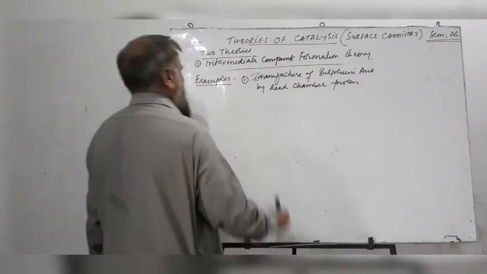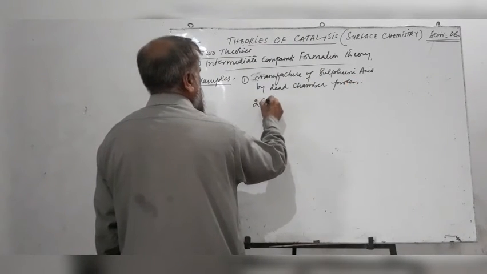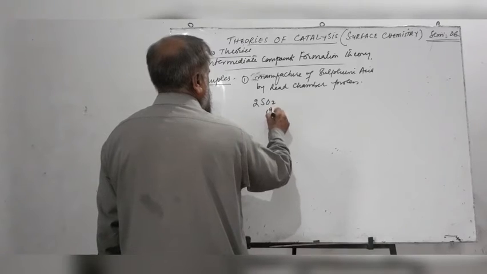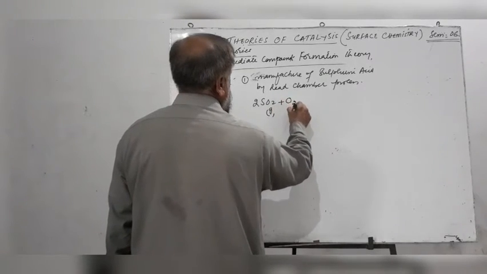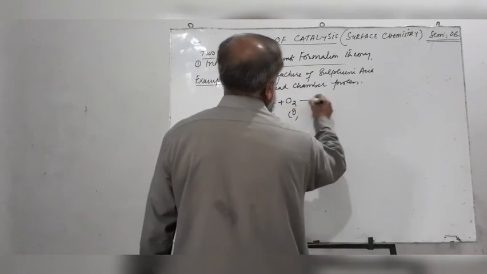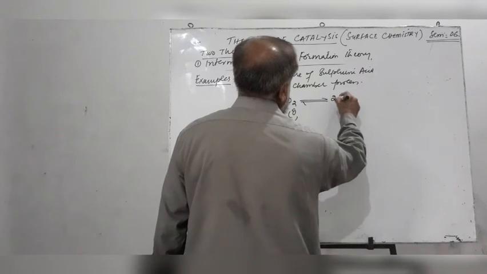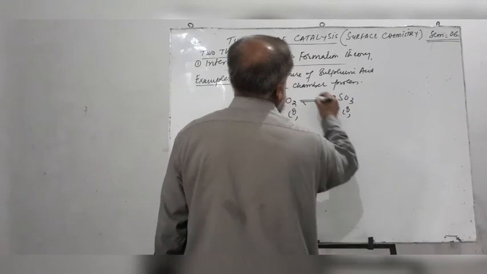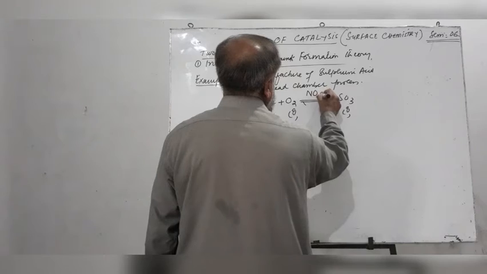The main reaction in this process is the reversible oxidation of sulfur dioxide with oxygen to sulfur trioxide gas in the presence of nitric oxide gas as catalyst.